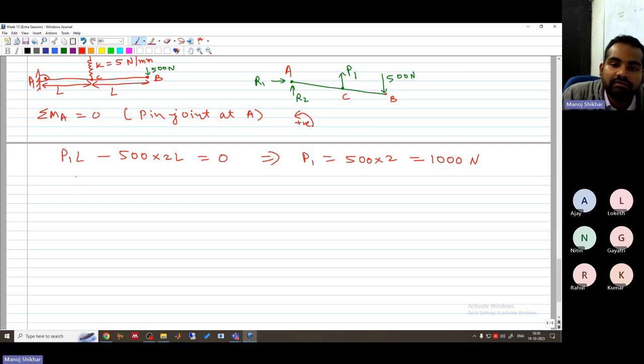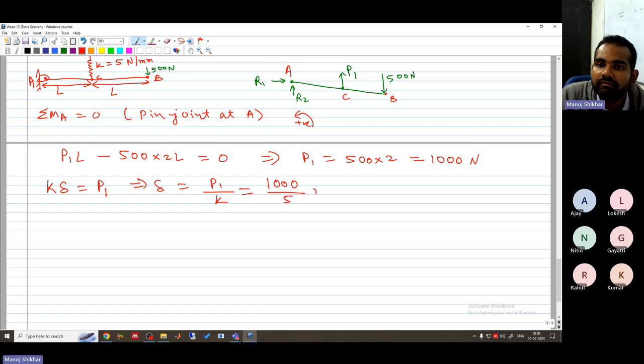Now we know that for a linear spring, K into delta equal to force. So K into delta equal to P1. So from here we will have delta equal to P1 upon K. So that is 1000 upon 5 millimeters. So this is 200 mm.